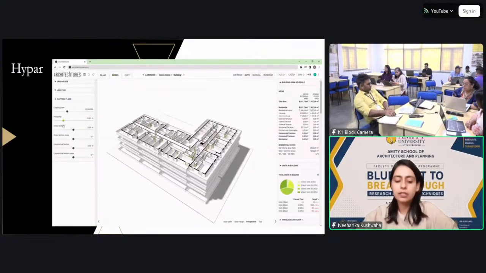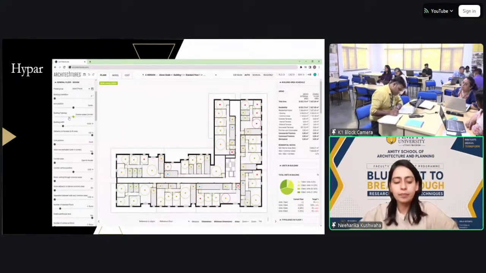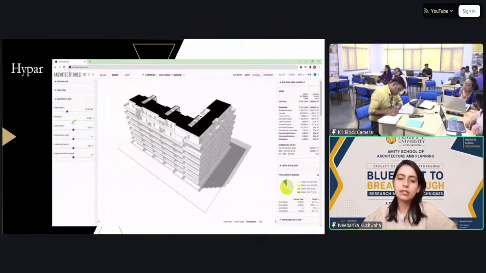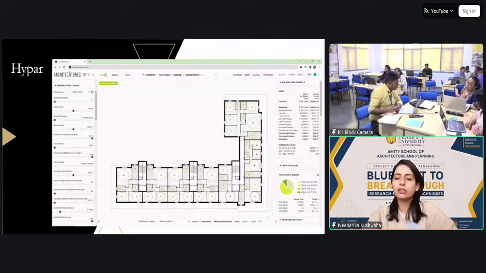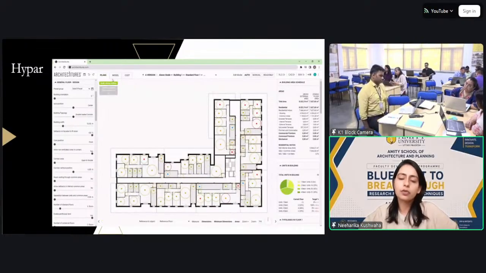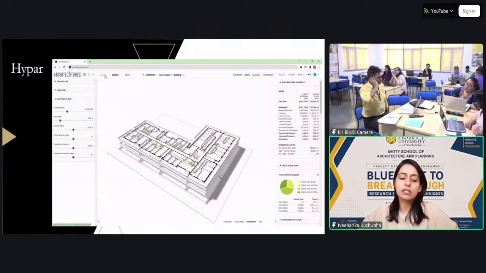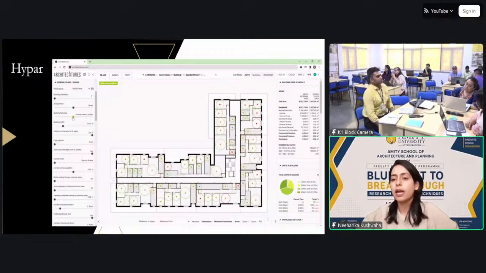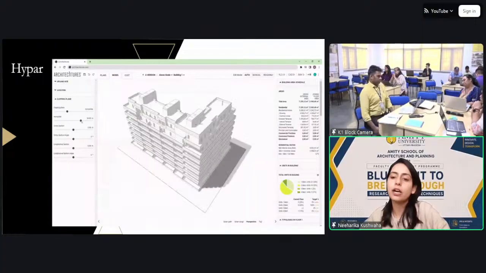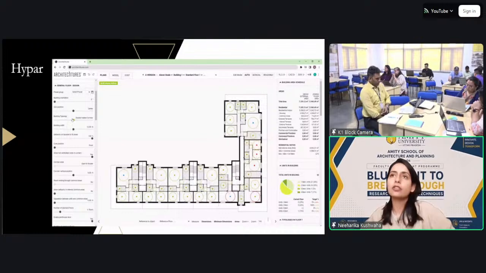Similarly there is Hyper. It's a cloud-based generative design platform, and it enables you to build custom computational workflows and analyze a large number of design iterations simultaneously. It's usually helpful when you have to do performance-driven research, or you have a very system-level analysis, such as residential indoor air, thermal comfort, or the design capacity of the building.